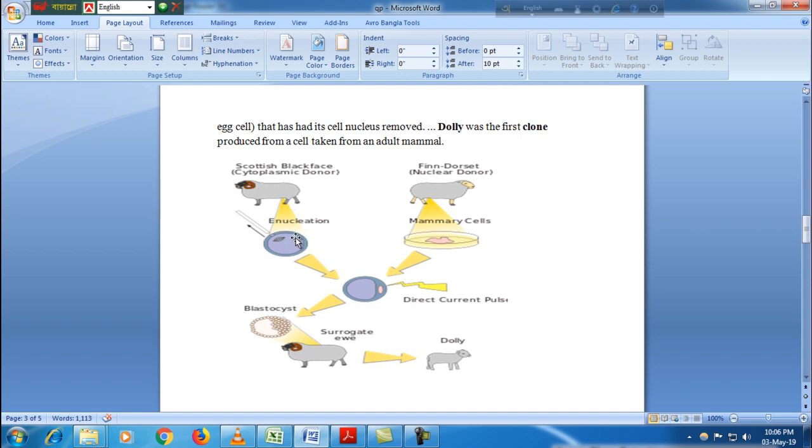Number 2, the nucleus from an adult body cell such as a skin cell is inserted into the egg cell. Number 3, an electric shock stimulates the egg cell to divide to form an embryo. Number 4, these embryo cells contain the same genetic information as the adult skin cell.